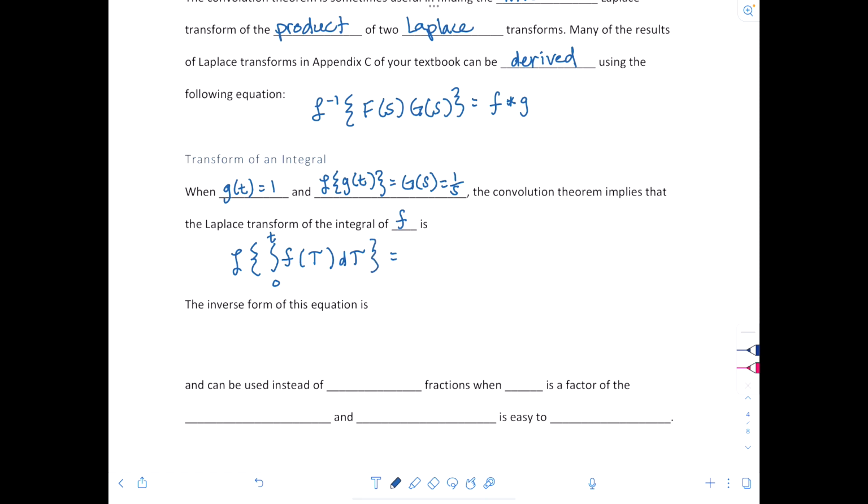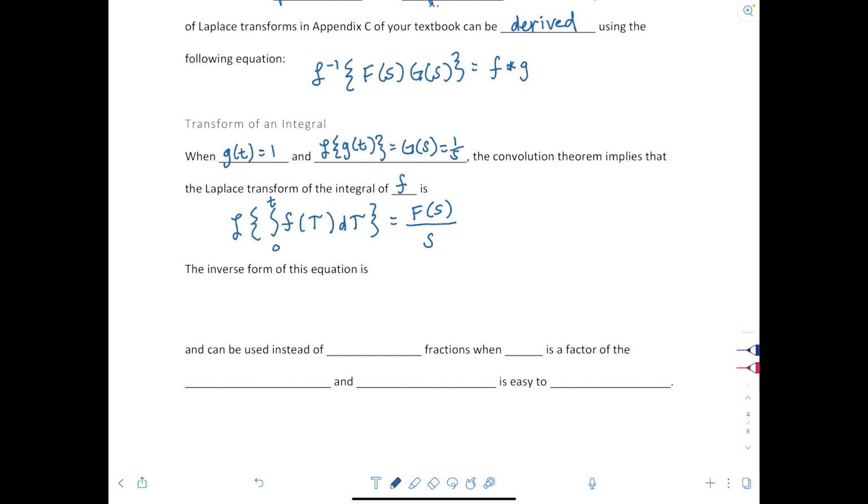Which will equal, so that's the Laplace transform of that integral, is going to equal the Laplace transform of F over S, because of that 1 over S that you get from letting g at t equal to 1.